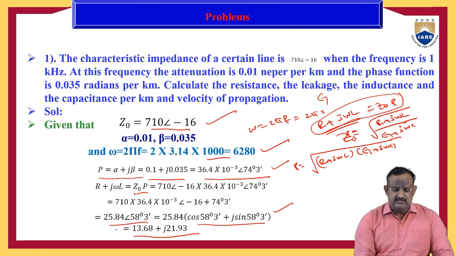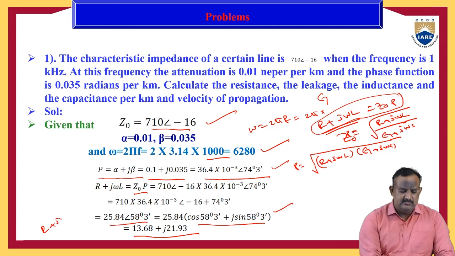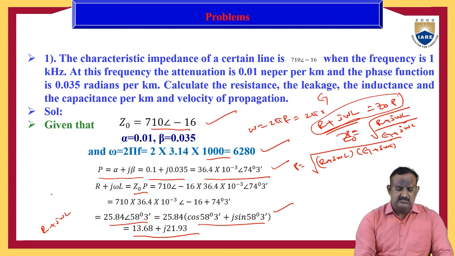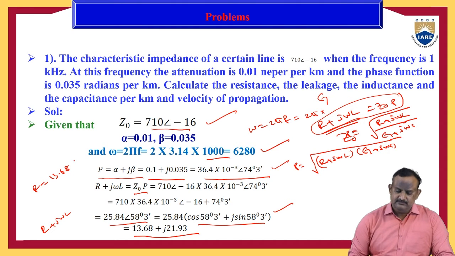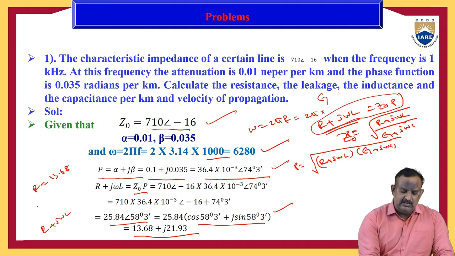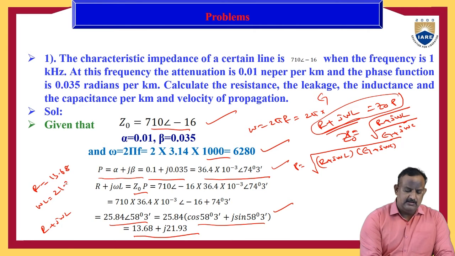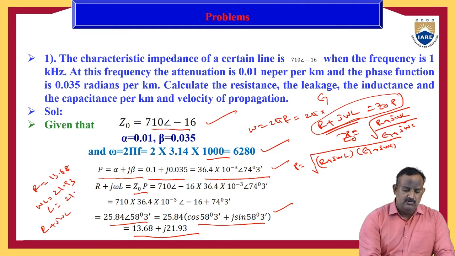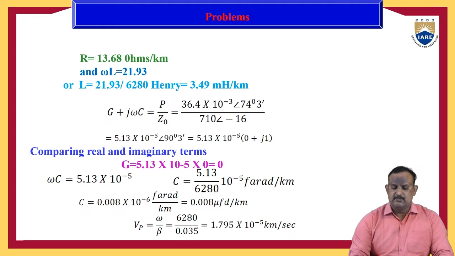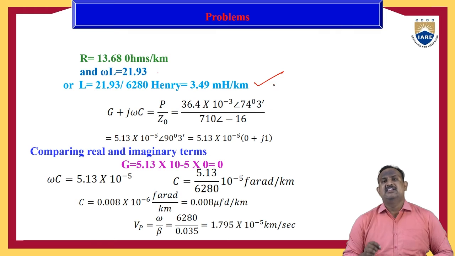If you compare with R plus j omega L, the resistance R equals 13.68 and the imaginary part omega L equals 21.93. Omega is 6280, therefore inductance L equals 21.93 by 6280. Therefore, the inductance value is 3.49 millihenries per kilometer.